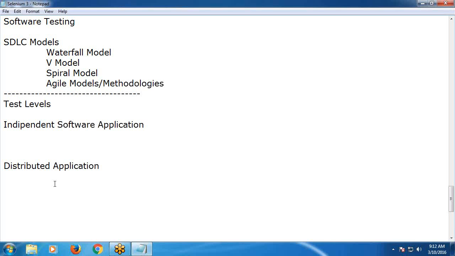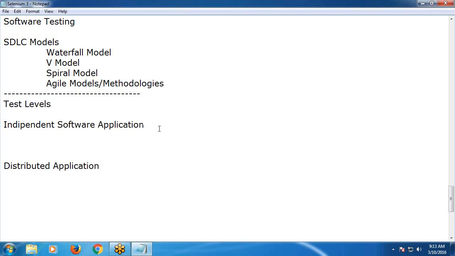If any business dependency is there, that is a distributed application. Hospital management systems nowadays are also distributed applications. They interact with credit card management systems. Next, insurance applications. If any insurance claims are there, it interacts with insurance applications.